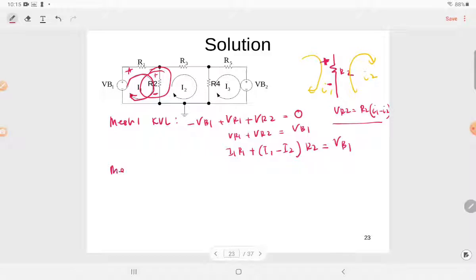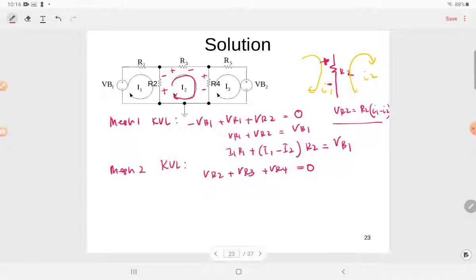Next we do the second mesh, mesh 2 KVL. Now we go to mesh number 2, which is I2 over here. In this case, the voltage drop is due to I2, so the signs are plus and minus across each resistor. Now we write our KVL equation, which is VR2 plus VR3 plus VR4 is equal to 0.